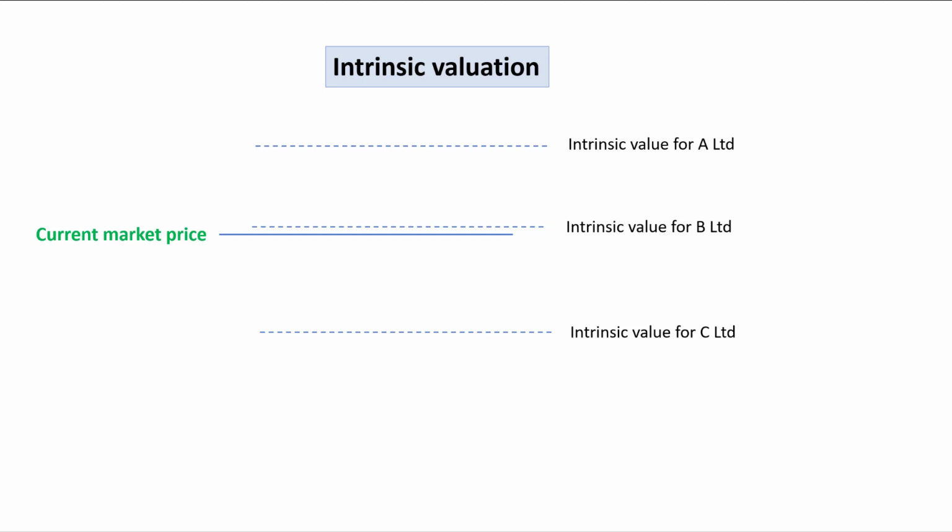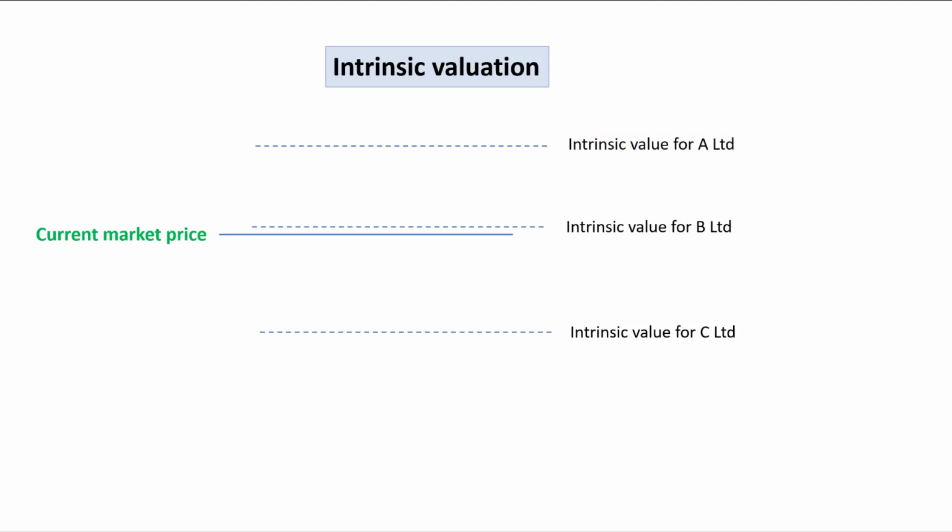And the final slide in this video: if a share's current market price is at the level represented by the solid blue line, and we see that its intrinsic, its justified value is above the current market price, then that share has been undervalued by the market.